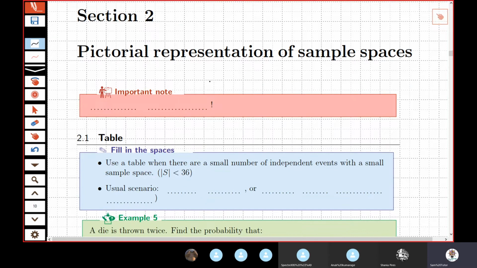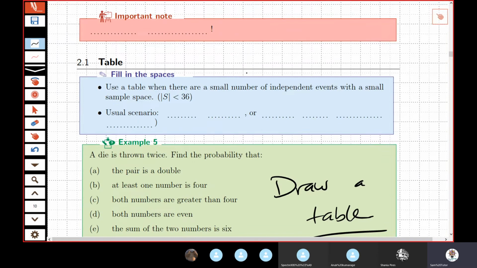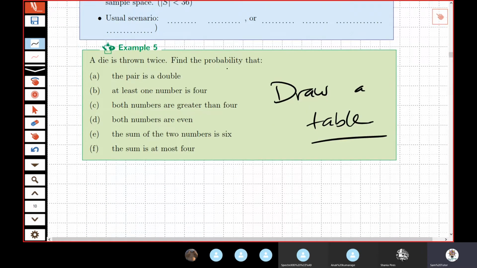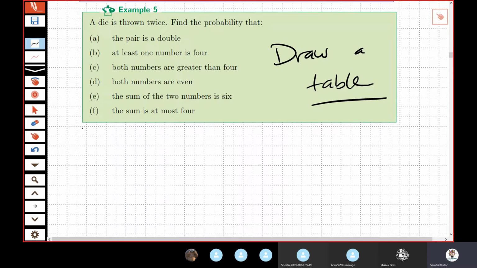Then we get to representing our probabilities using pictures. So either tree diagrams or listing or drawing tables. So a basic one that you've seen for a very long time now is a die is thrown twice. Find the probability that the pair is a double and so on. So let's just quickly do this one.